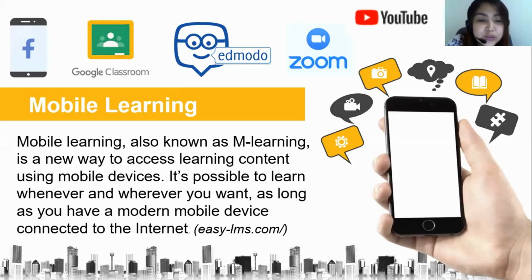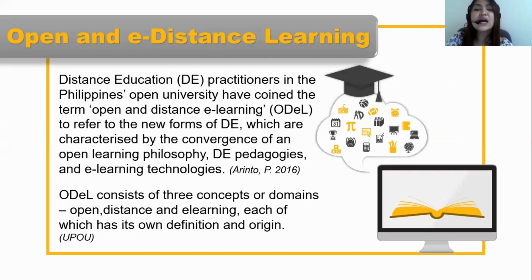Mobile learning, also known as M-learning, is a new way to access learning content using mobile devices. It is possible to learn whenever and wherever you want as long as you have modern mobile devices connected to the internet.